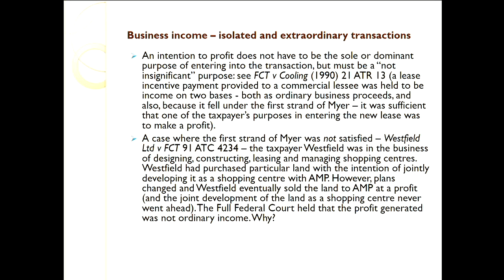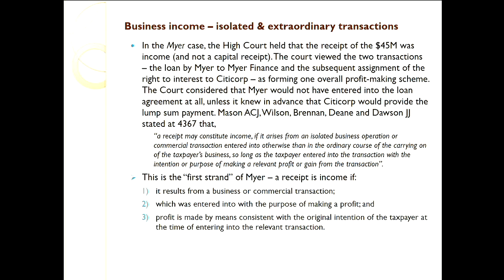So if we go back to the elements of Maya Strand 1, right? So in the Westfield case, yes, you do have a business or commercial transaction entered into with the purpose of making profit? Yes, it bought the land certainly with the purpose of making profit, but the idea was to make profits through the joint venture with AMP. Now 3, profit is made by means consistent with the original intention of the taxpayer at the time of entering into the relevant transaction.